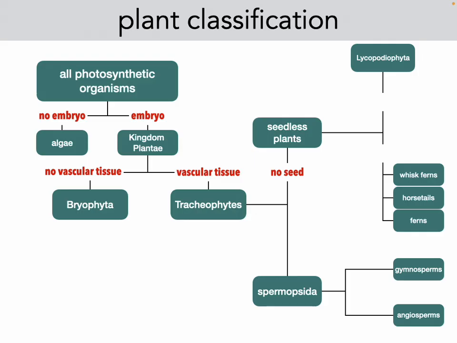The one without seed and the one with seed, right? So this group here, I use the old term spermopsida, essentially means seed plants. Right, the seed plants, and let me show you everything.